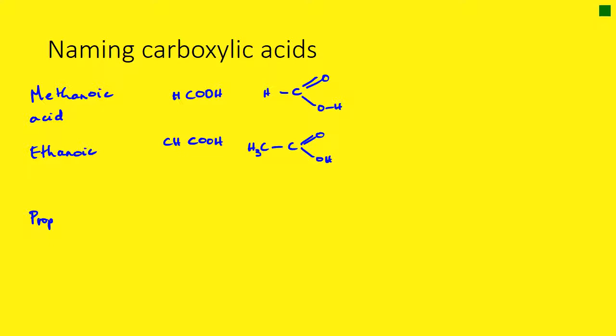Propanoic acid is going to have the same functional group, and it's going to have a CH3CH2 group on it this time, and that's drawn like this.